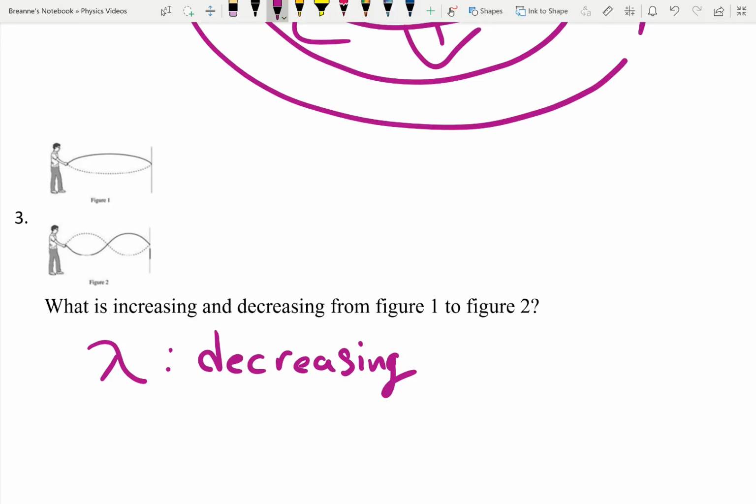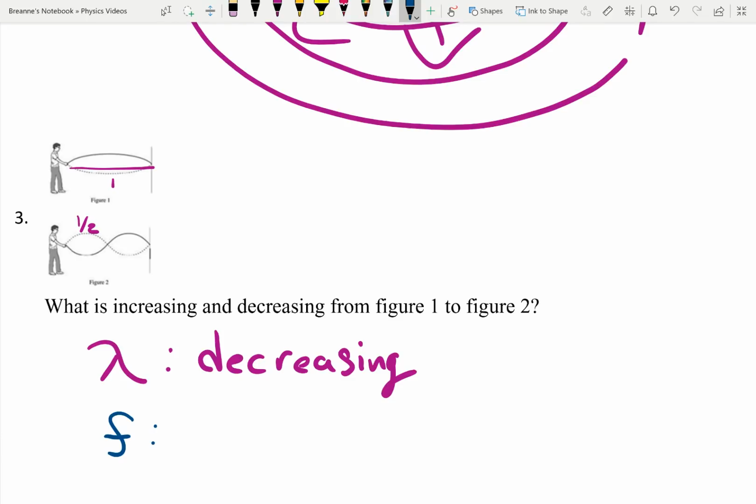Let's say if our wavelength was 1, now it's a half. But something that's increasing would be our frequency. With only 1 hump, that's actually a half, because it's only a crest, not a crest and a trough.